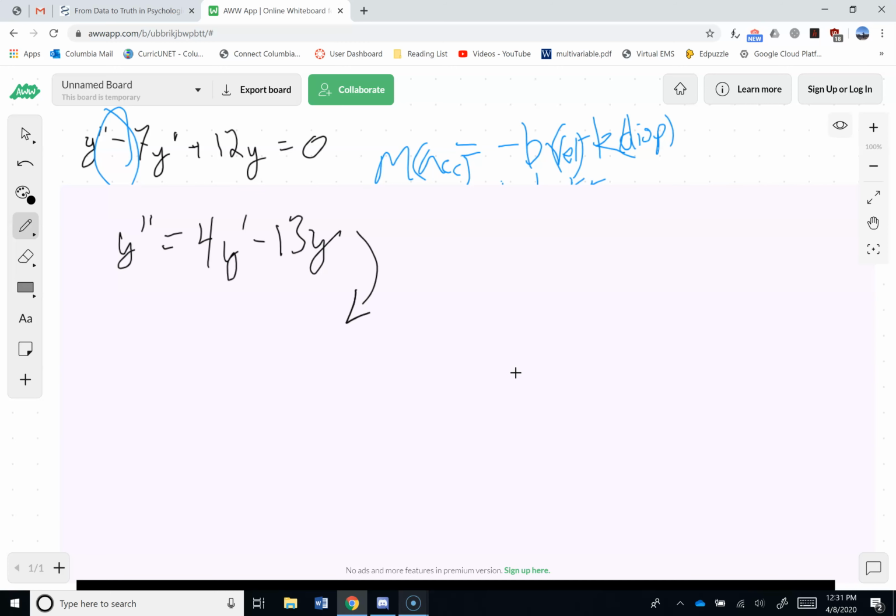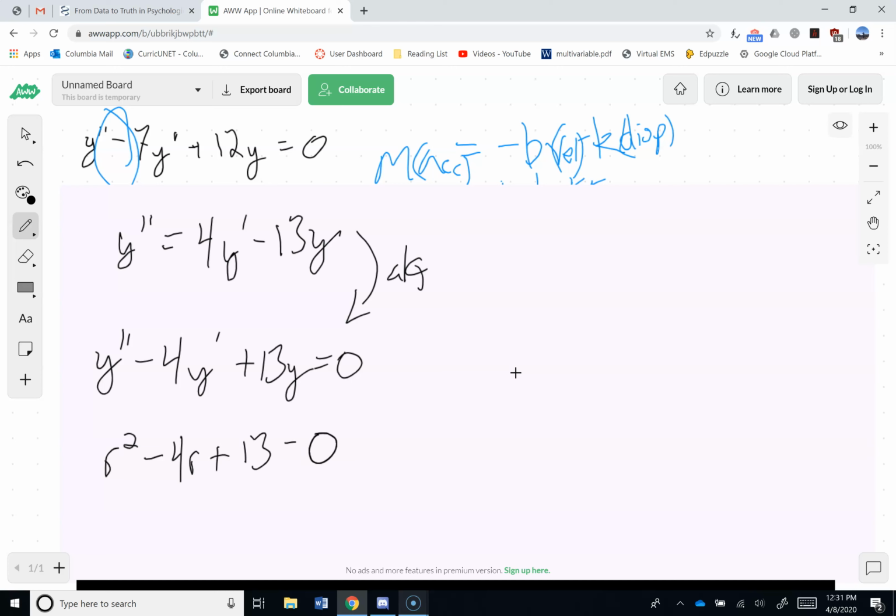So I do a little algebra to this thing and get y double prime minus 4y prime plus 13y equals 0. And I think to myself, this is probably not really a spring because of that minus sign in there. But if I kind of fiddle with this thing, I get r squared minus 4r plus 13 equals 0, which I can complete the square on.